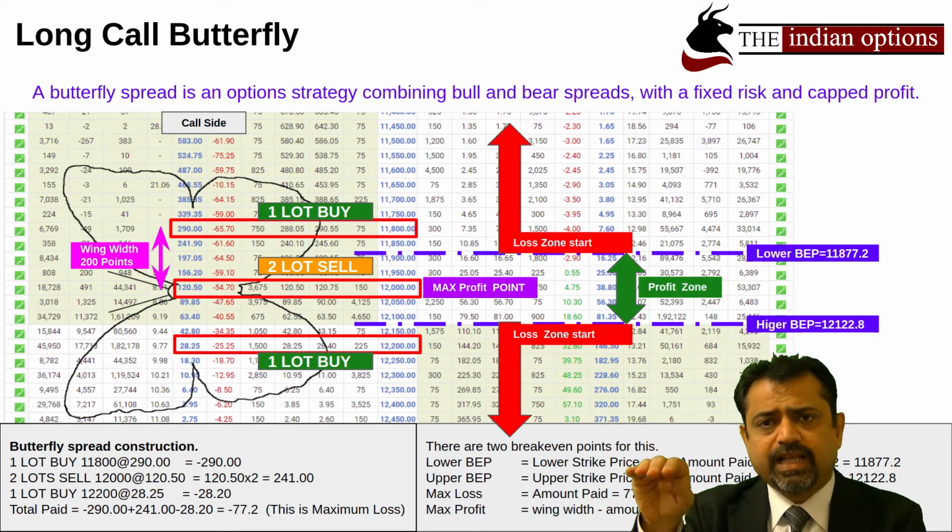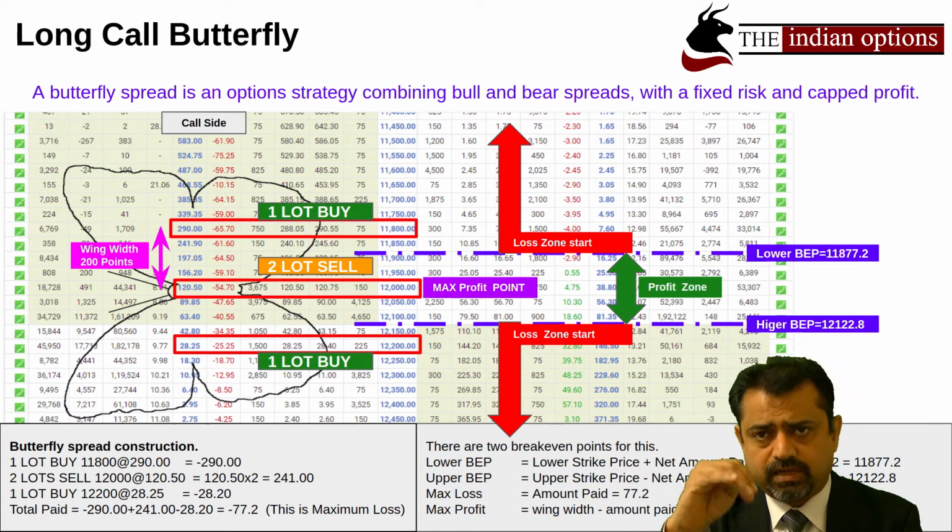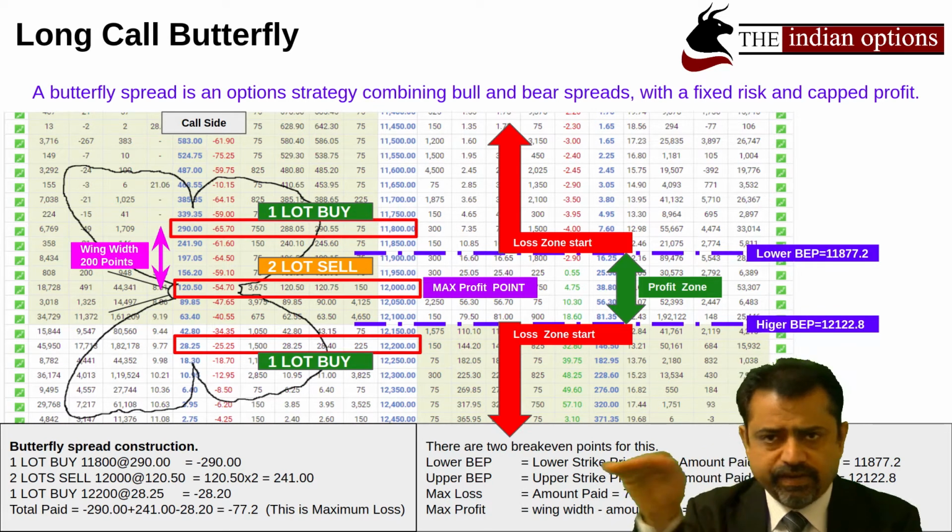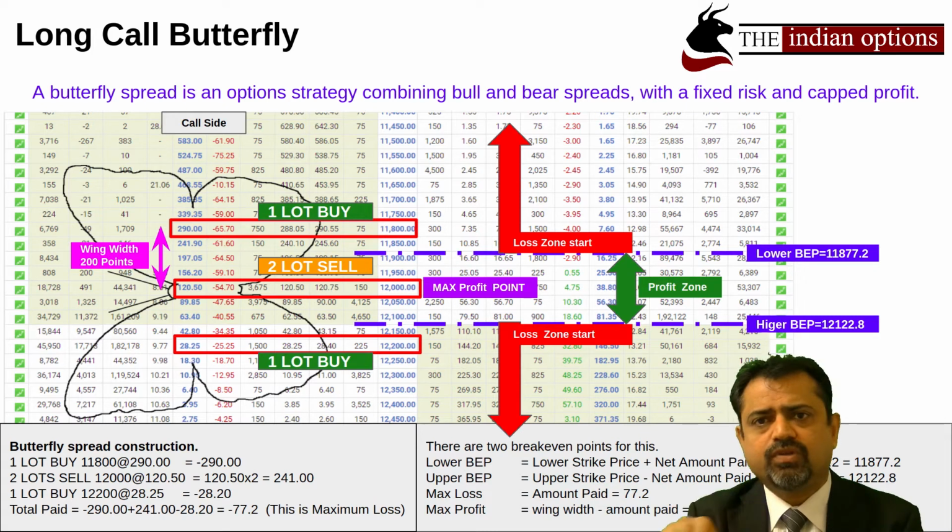Now if you see the red arrows going up and going down, it means that your loss zone will start if the market breaches either of those BEPs.